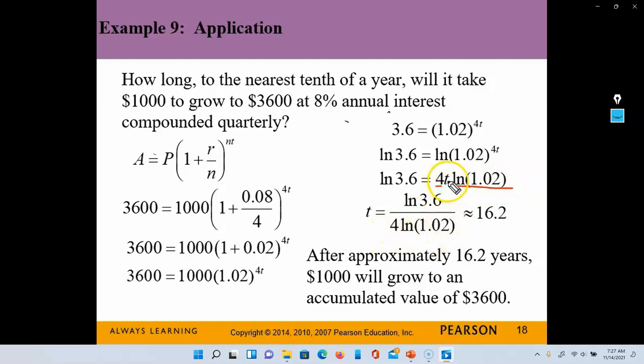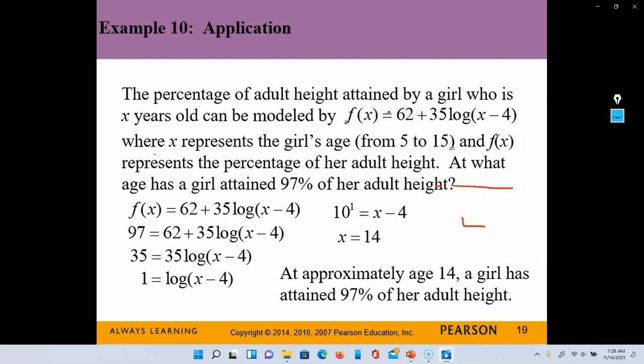And then we've isolated our t, both sides again. And it's approximately this. Now, what does that mean? Well, that after 16.2 years, the principal of 1,000 will grow to an accumulated value, your future value, of 3,600. Okay, one more to go. That'll wrap us up here.